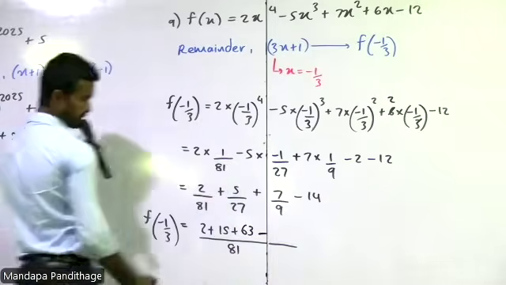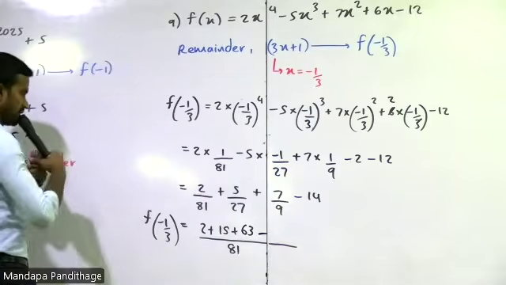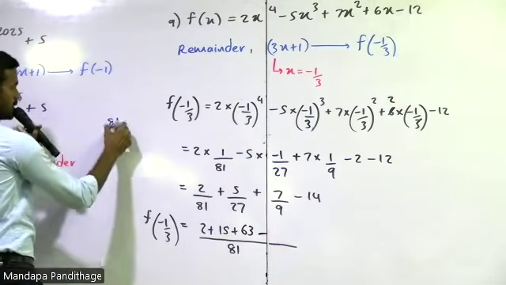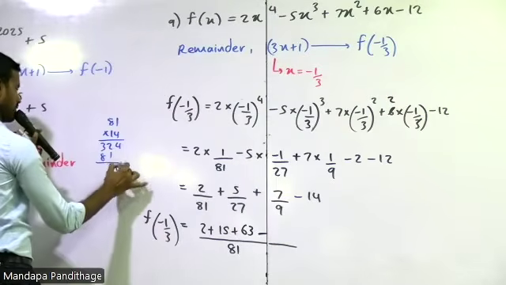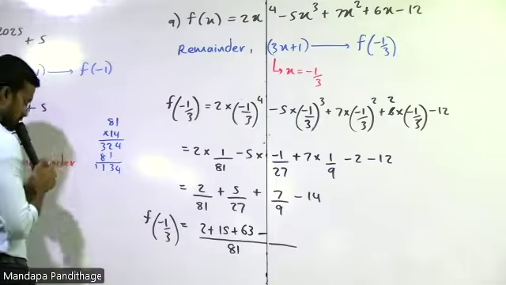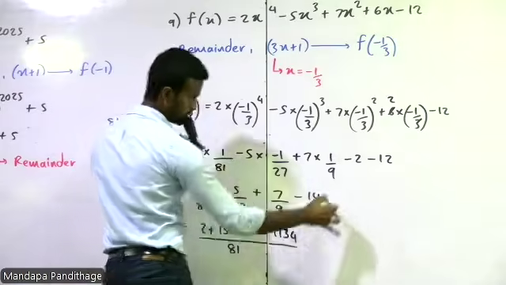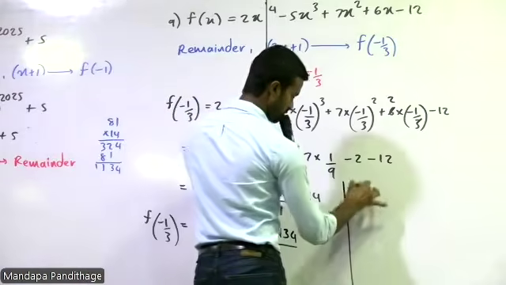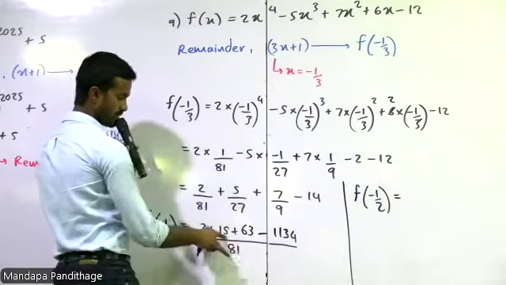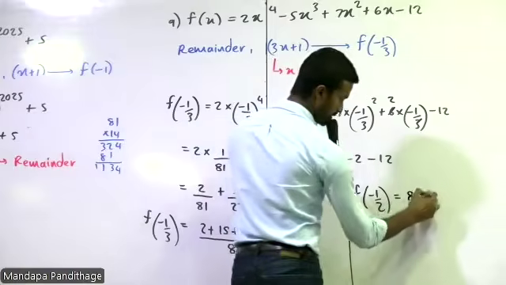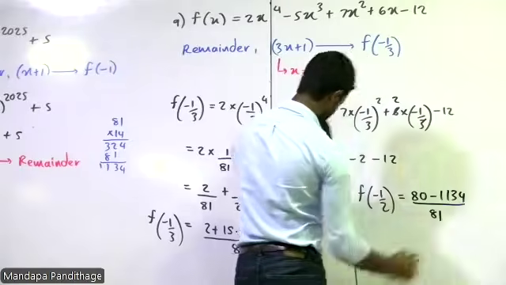Minus 14 into 81. You have to multiply 14 into 81. You are getting 4, 3, 2, 1, 8. 1134. No? Minus 1134, which means f minus half is equal to 65, 80 minus 1134 divided by 81.